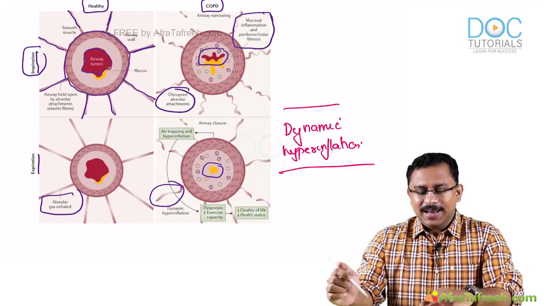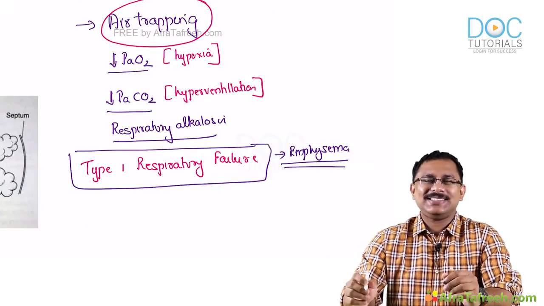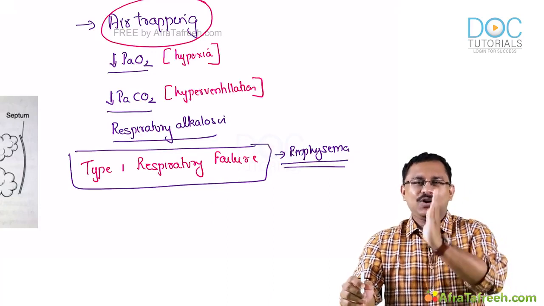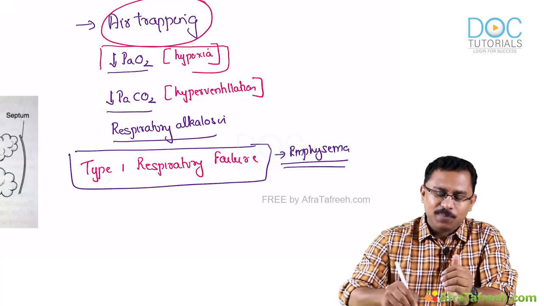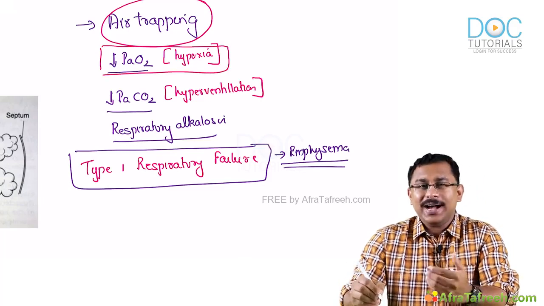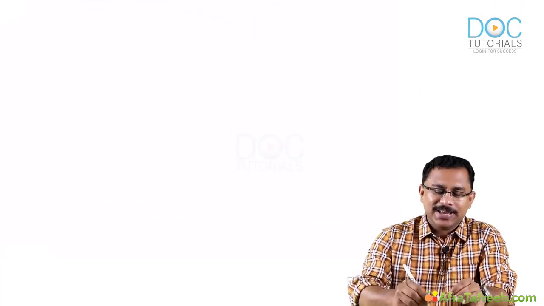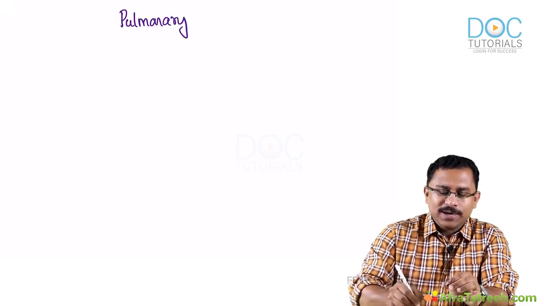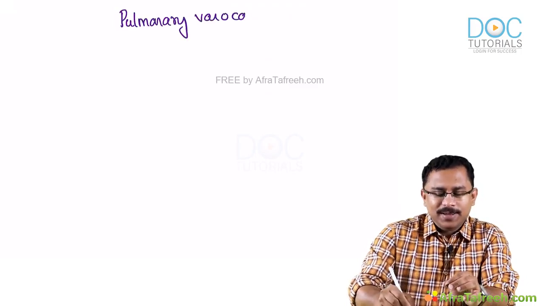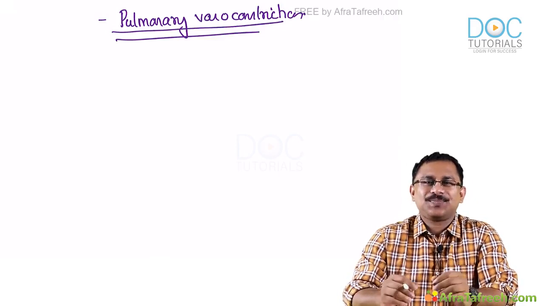Alright. Now I'll take you back to where we left, the gas exchange abnormalities. One point that you have got to know in addition is that whenever you have hypoxia, what will happen to the pulmonary vasculature? There will be a pulmonary vasoconstriction, because we know that whenever there is hypoxia, the pulmonary vessels will constrict.